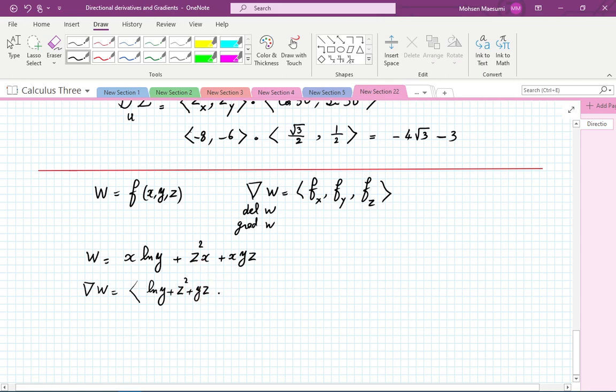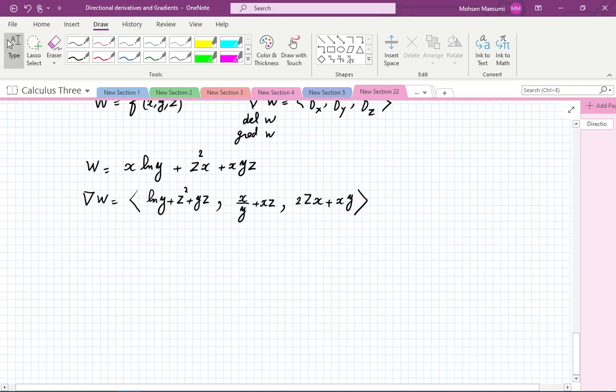Derivative with respect to x, so that's logarithm of y plus z squared plus yz. Then derivative with respect to y. This is going to be x over y, nothing here, and then xz. Finally, derivative with respect to z, there's nothing here, and I have 2zx and then xy. Notice depending on your exercise, you might be asked to write it this way, or you might be asked to write it with those unit vectors i, j, k.